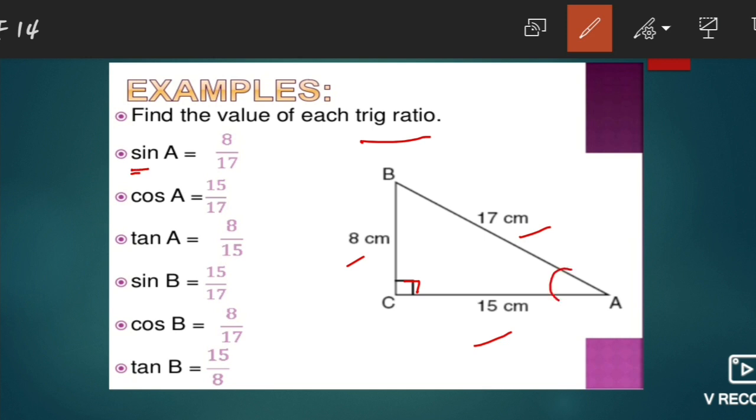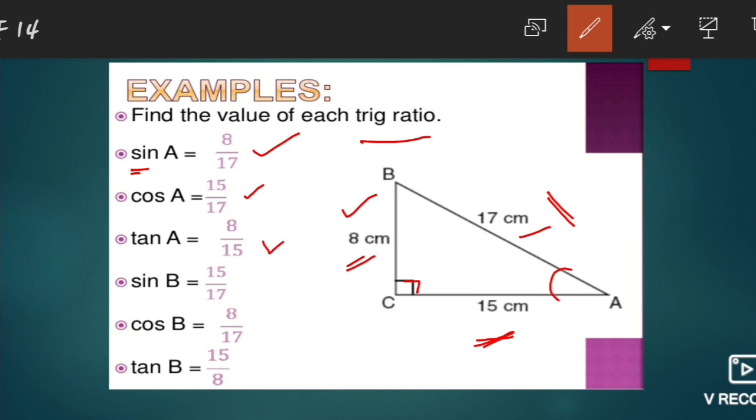So sin A will be this opposite side by hypotenuse, that's why 8 by 17. Cos A is adjacent side by hypotenuse, that's why 15 by 17. Tan A is opposite by adjacent, that's why 8 by 15.